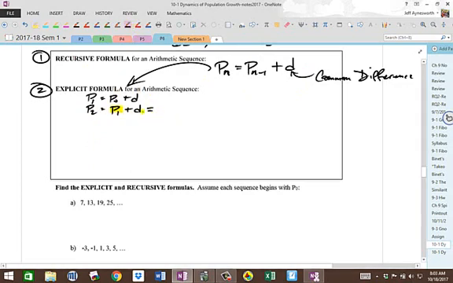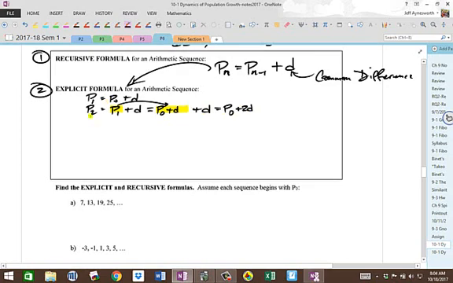So let's replace it with what it's equal to: p1 is equal to p sub 0 plus d. Let's substitute that in, so p sub 0 plus d, and then add another common difference. Adding like terms, I see d plus d, and that's 2d. So this whole thing equals p sub 0 plus 2d.